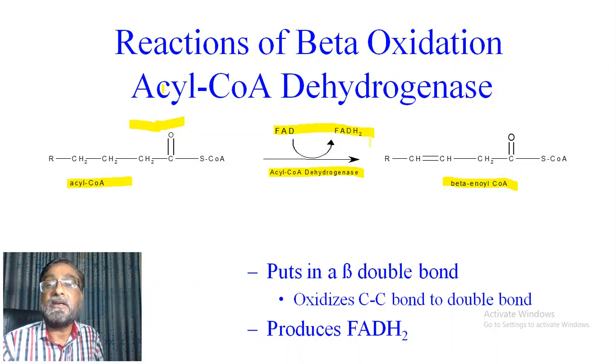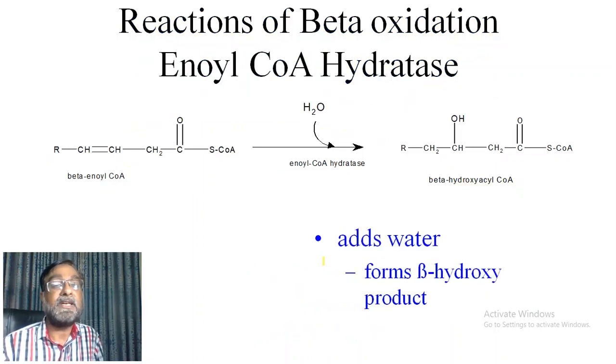The double bond will be generated at the beta position, right? This enzyme, dehydrogenase, puts in a double bond, oxidizes the C-C bond to a double bond, and produces FADH2. This is the first reaction. In the second reaction of beta oxidation, the beta enoyl CoA that is produced is hydrated by the enoyl CoA hydratase, and you can see here this is a hydration point.